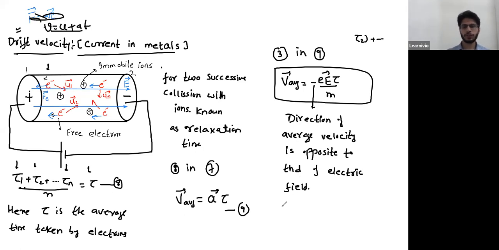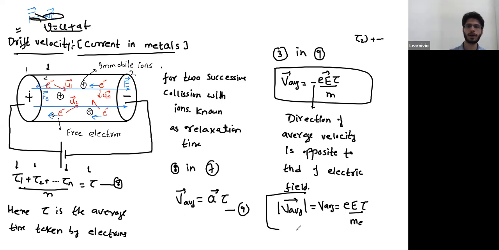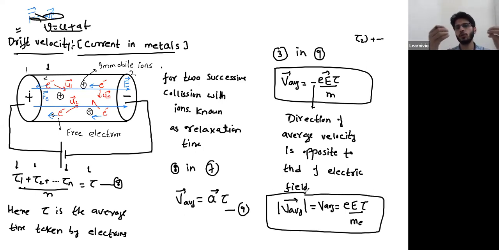If I just consider the magnitude of average velocity, just the magnitude of V average, then I will simply write it as V average. The negative sign represents direction. I'm not considering the negative sign, so it's E tau by m. This is the magnitude of average velocity. So this is the average velocity with which electrons move inside a conductor when you connect it through a cell or a battery.